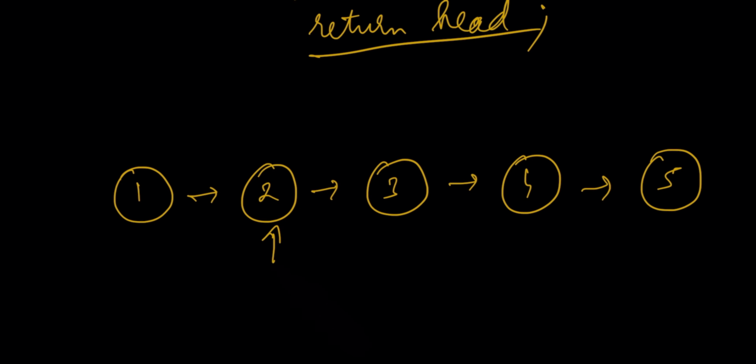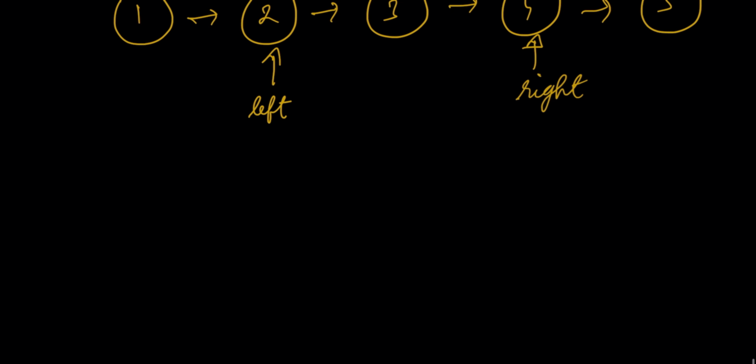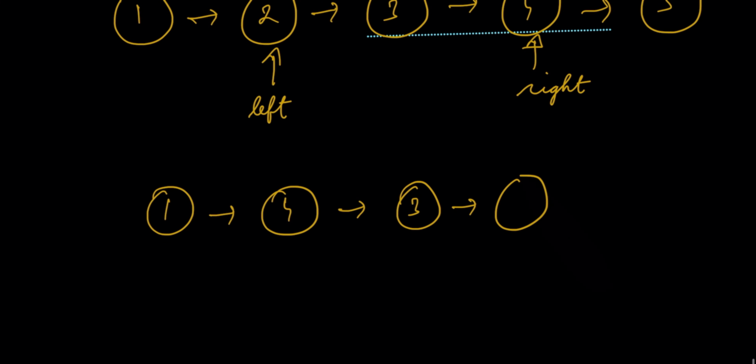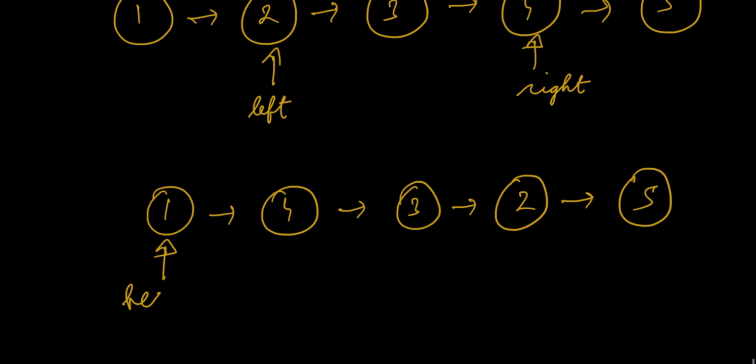So the left was 2 and right is 4. So after I reverse the sublist, we have this, and in this case we can just simply return the head at the end of our code and we will be done. So in this case, the head node is not really changed or modified, and we can simply return head.